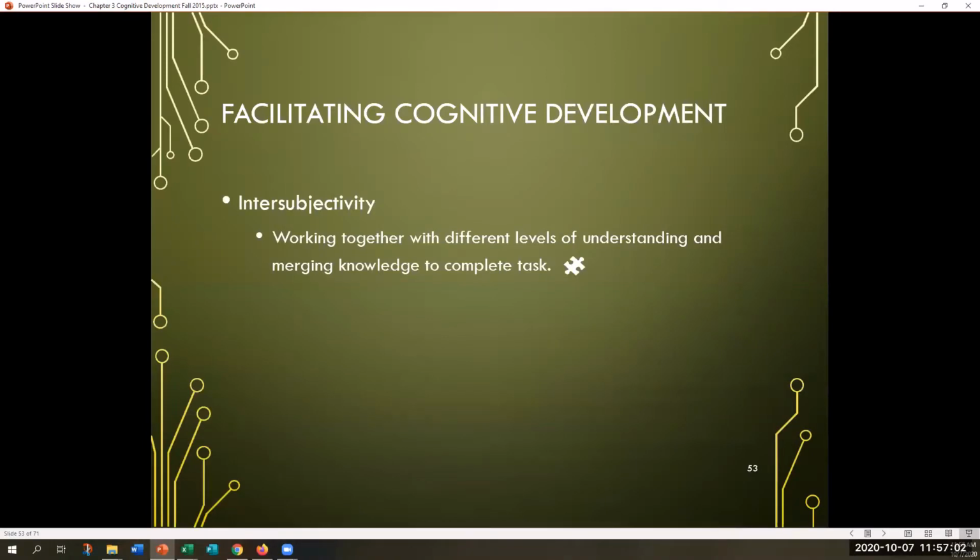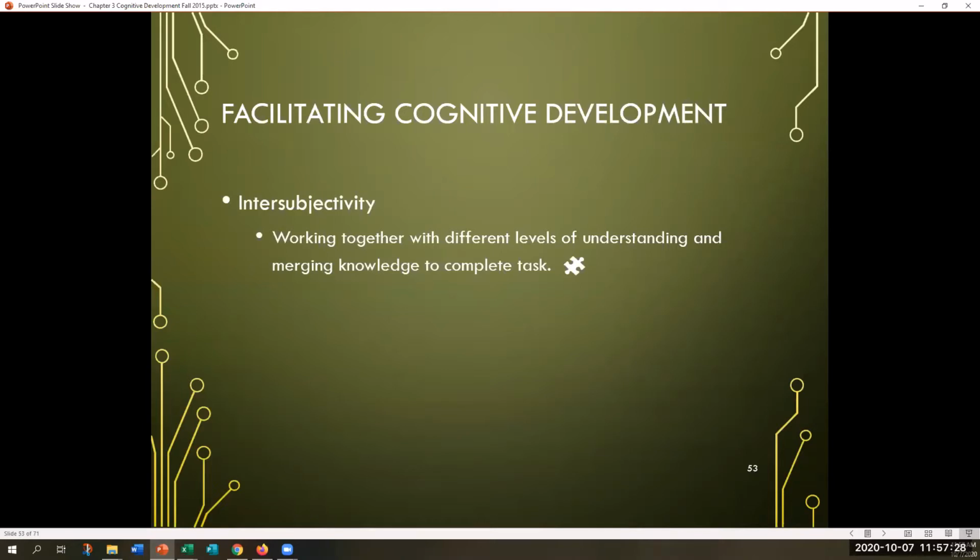So to facilitate cognitive development, one way you can do this is through intersubjectivity, where you're working together with different levels of understanding and merging knowledge to complete the task. So the child is receiving help to be able to learn that information.